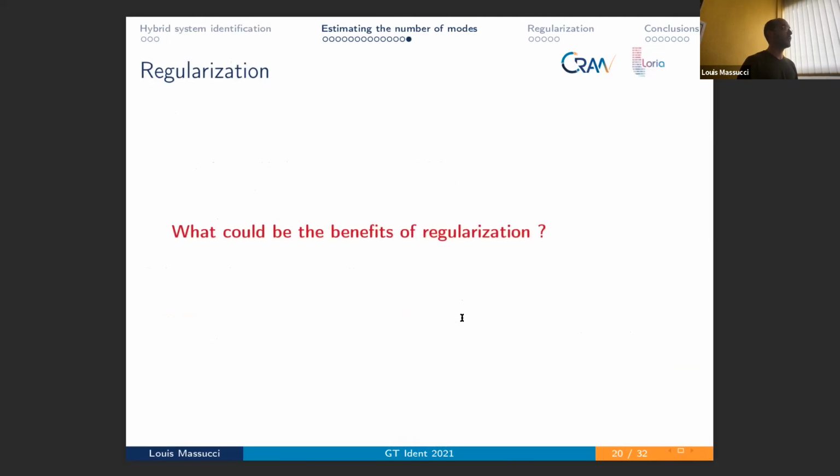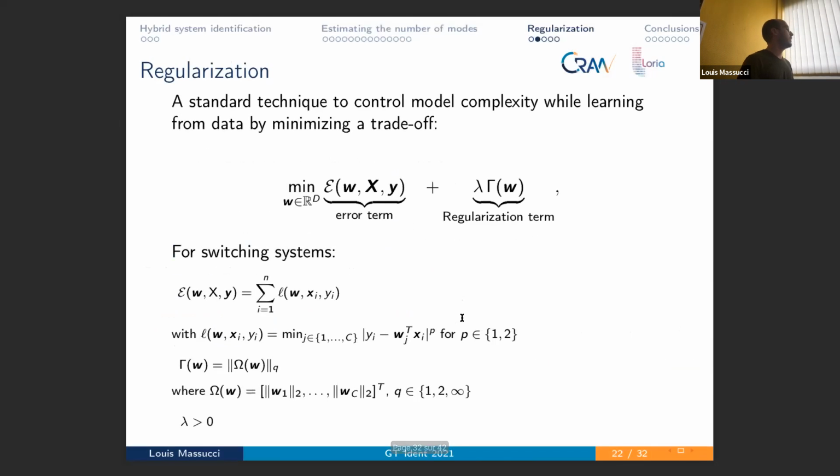So one more question we had to answer is what could be the benefits of regularization? First, regularization is a standard technique to control model complexity while learning from data by minimizing a trade-off. Here we minimize the trade-off between the error term and the regularization term. And according to the parameter lambda here, we give more or less importance to the regularization term.